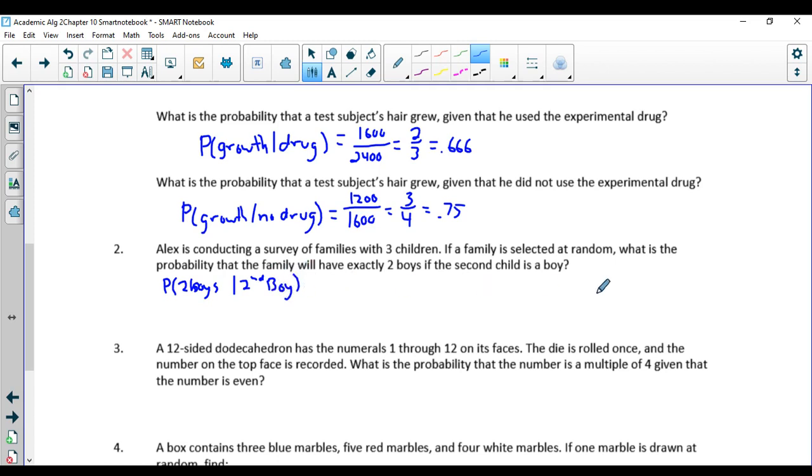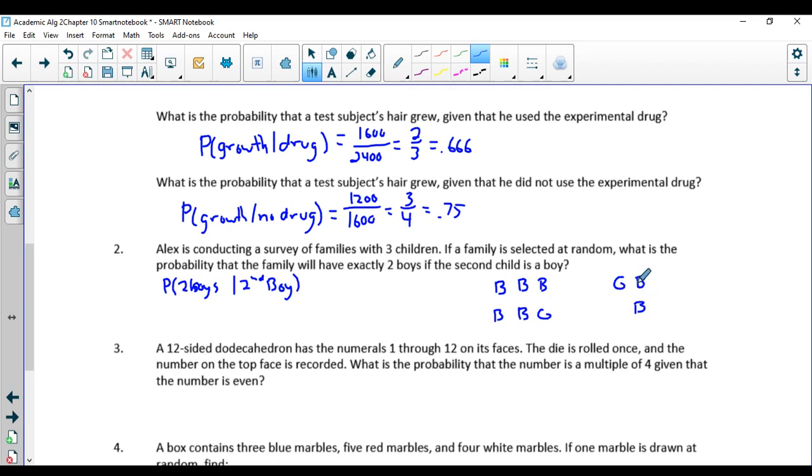What we're going to do is make a list, and on all of our lists, the boy is going to be in the second slot. So we could have boy, boy, boy. We could have boy, boy, and then a girl. Again, we're given that the second one's a boy, so we're putting boy in the second.